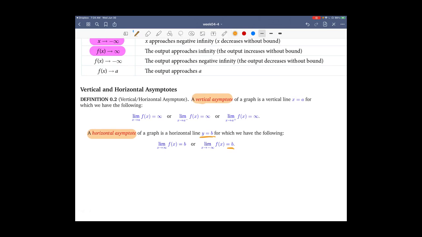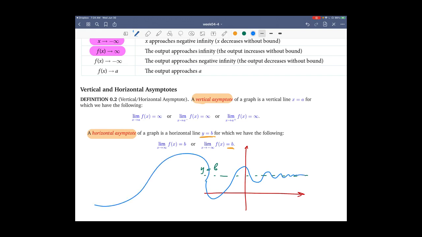In other words, it's such a straight line, which is horizontal, y equals b, that the graph of f approaches that line either for very large positive x or for very large negative x, or both. That is an example of a horizontal asymptote.